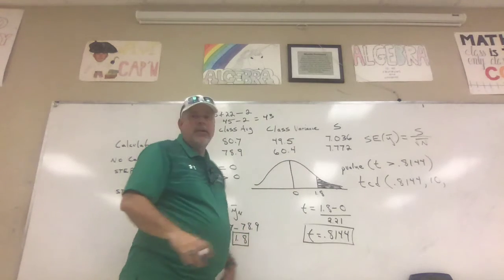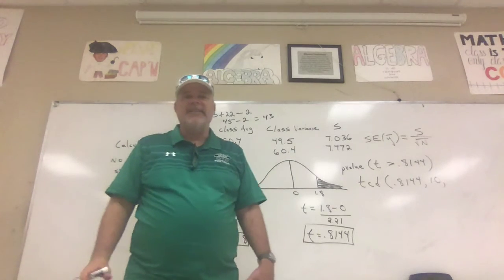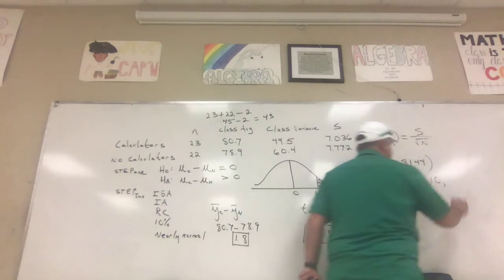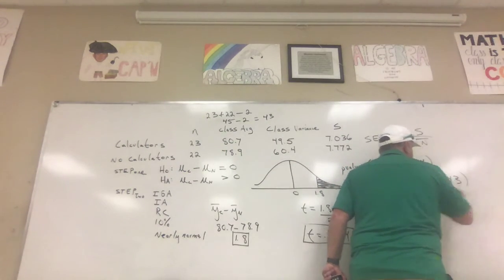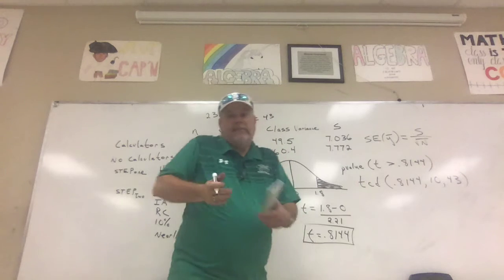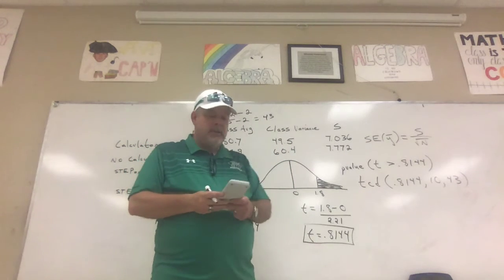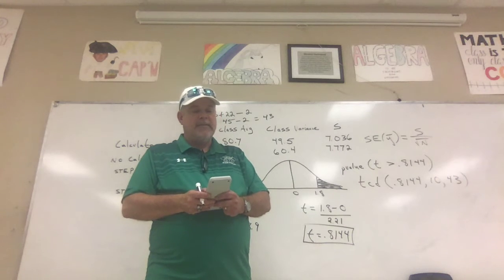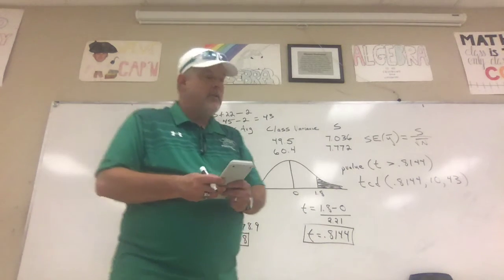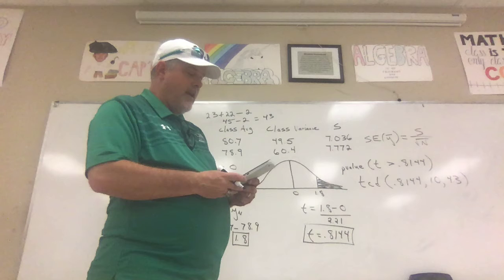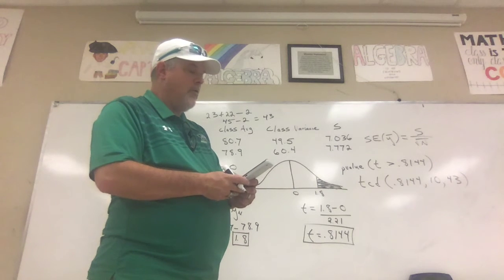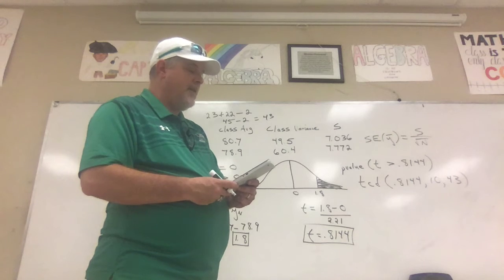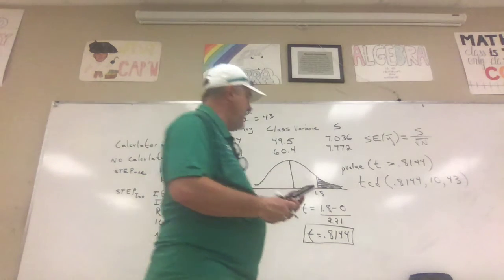We're going to use 43 just as a quick shortcut. Now it's just on our calculator. We go second distribution, tcdf is number 6. My lower bound is 0.8144, upper bound is 10, degrees of freedom is 43.